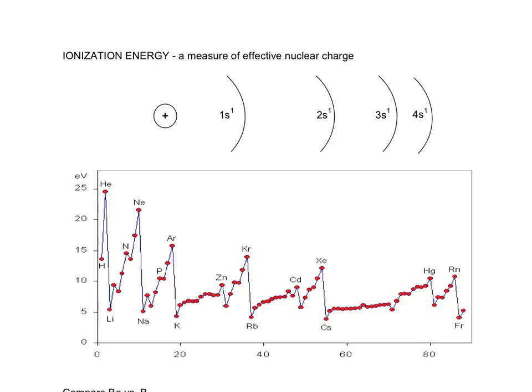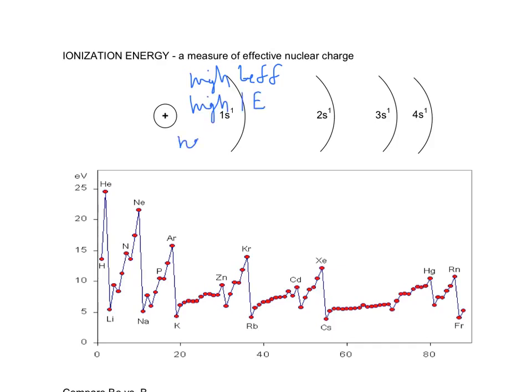We just said that the ionization energy is a measure of the effective nuclear charge, or it's related to Zeff. So the higher Zeff, the higher the ionization energy. And so if you look at this right here, here's your nucleus with the positive charge. Here are your different electrons. And so here you would have high Zeff, and so high ionization energy.